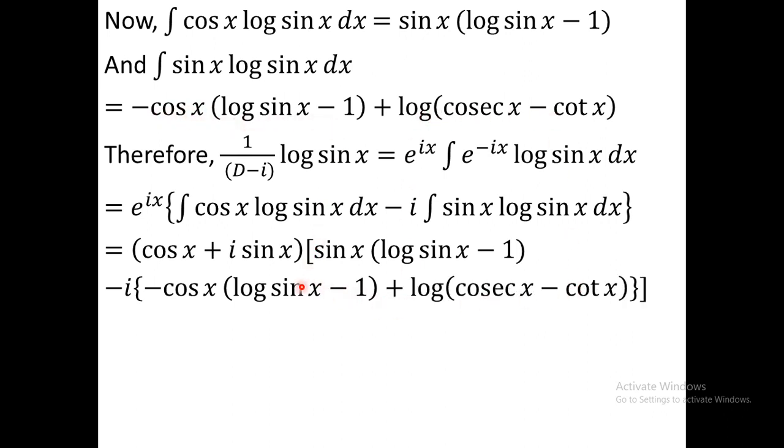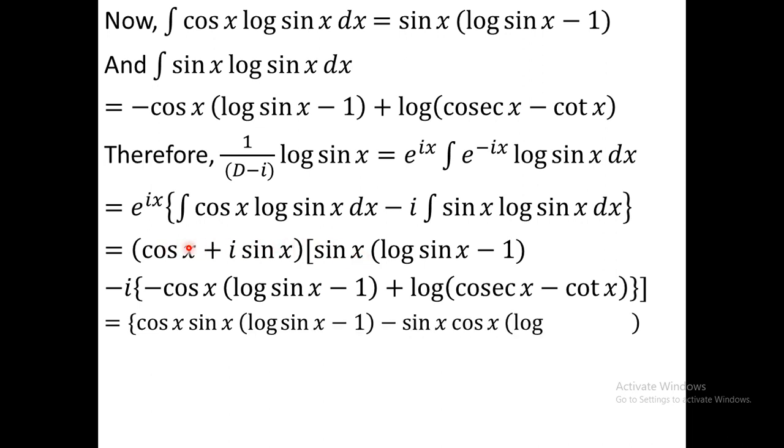Okay, now I product it and permute in alpha plus minus i beta form. So here the real part: real part and there real part, cos x into sin x log sin x, cos x sin x log sin x minus 1. This is also a real part. If you take this imaginary part and their imaginary part, you have to product it.